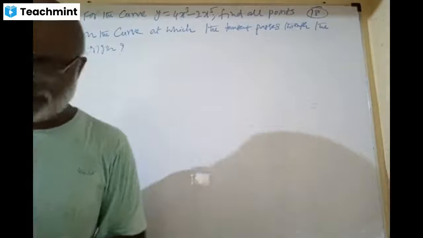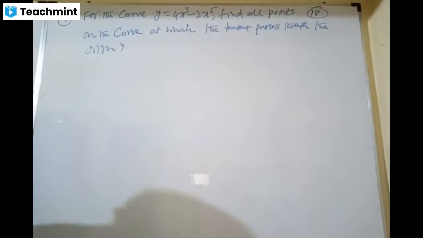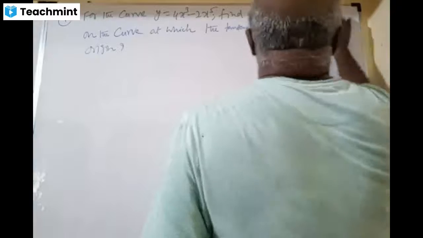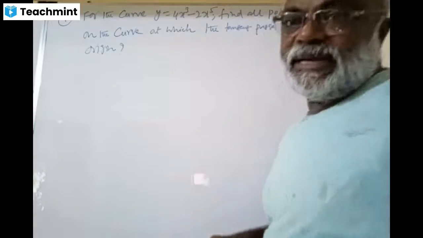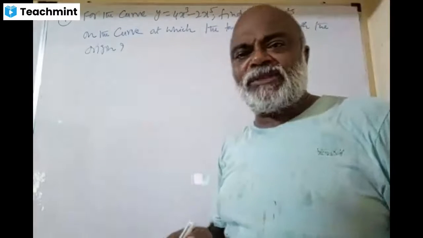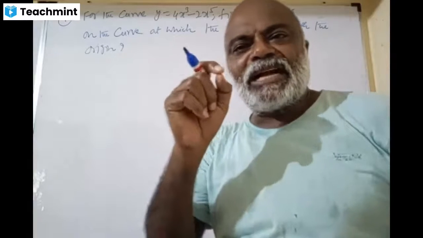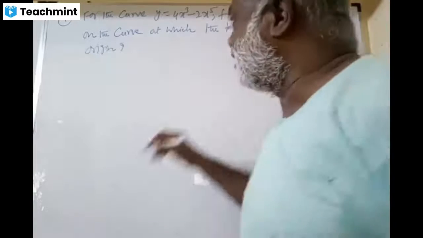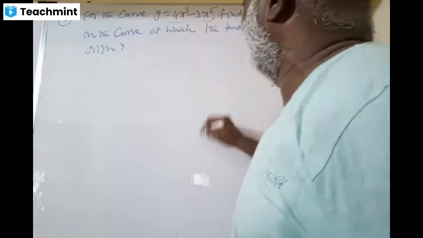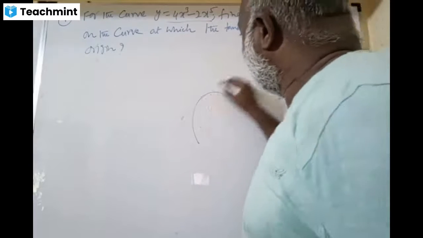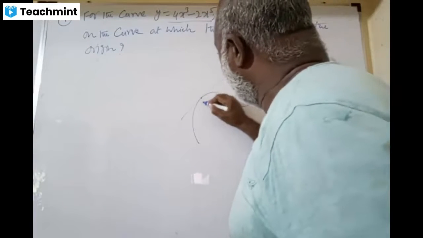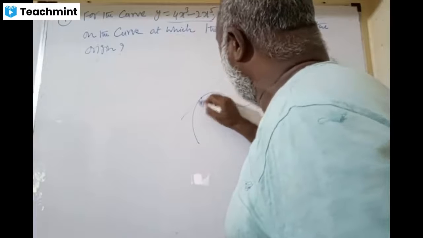Friends, there are two things one needs to understand here. One is the curve where you are drawing the tangent. The point where the tangent touches the curve is different, and it is called x1, y1.